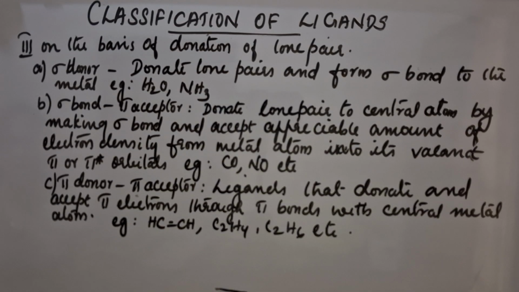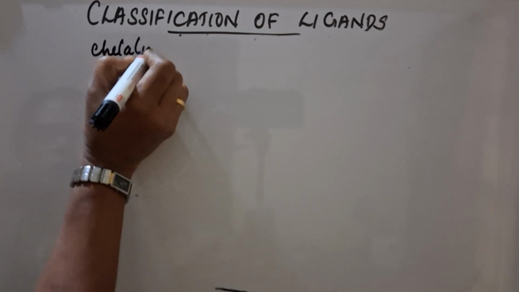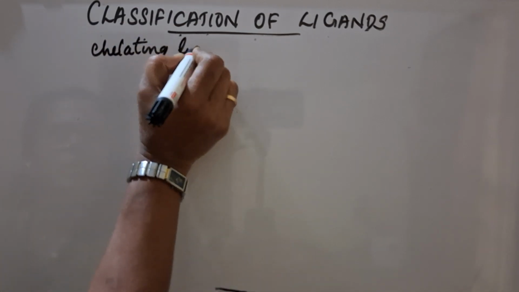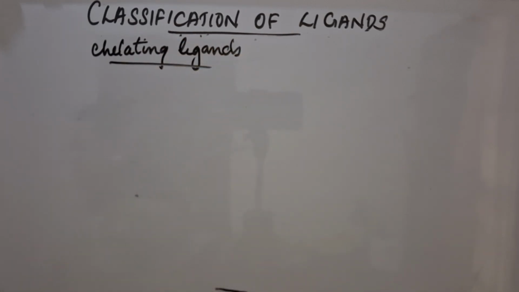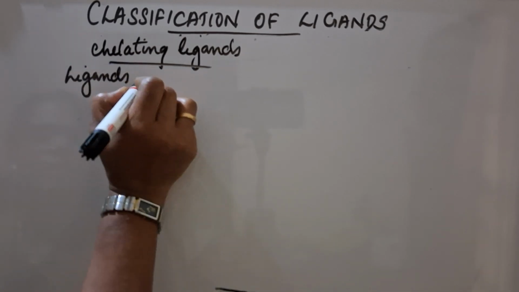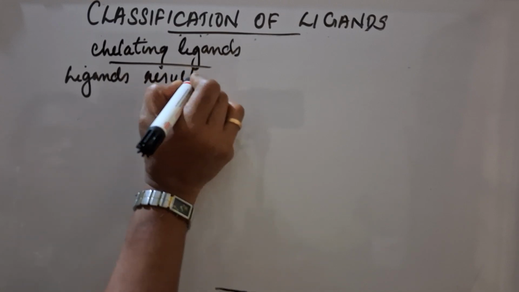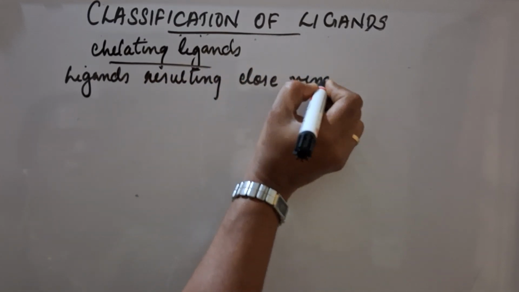The next type of ligand is the chelating ligand. Chelating ligands are very important. In this case, ligands result in a closed ring structure with the metal ions.